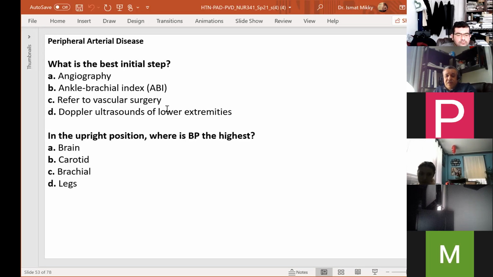When you're unable to feel the pulses, then you will grab that. Each floor should have that small device called Doppler ultrasound, and you can use it to listen for the peripheral pulses. It's not needed if you can feel the pulses.